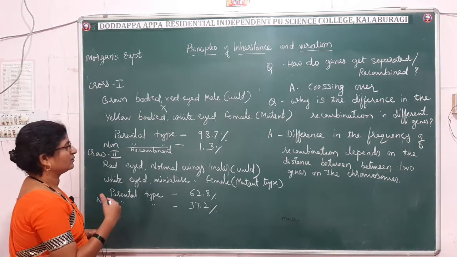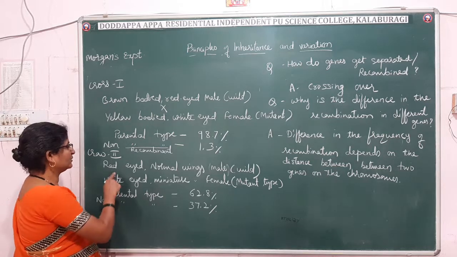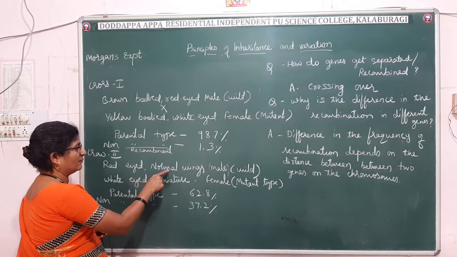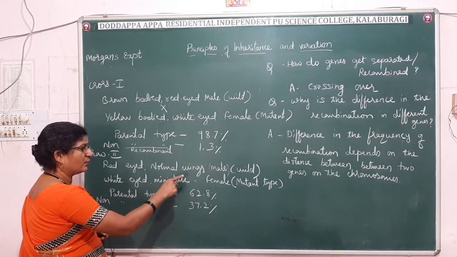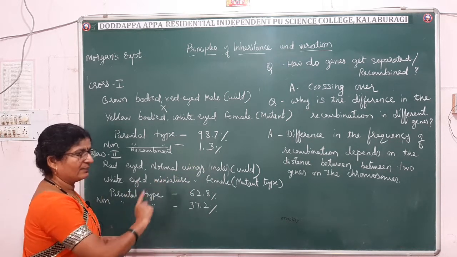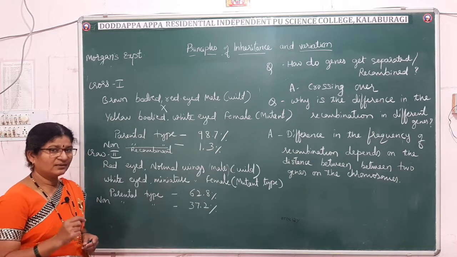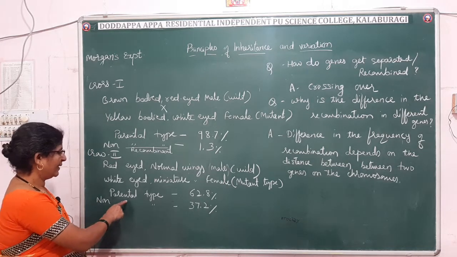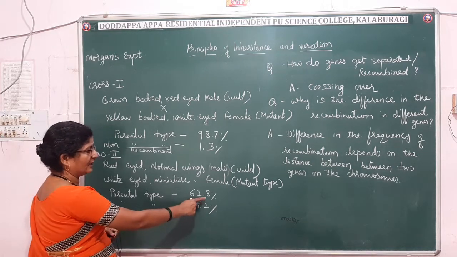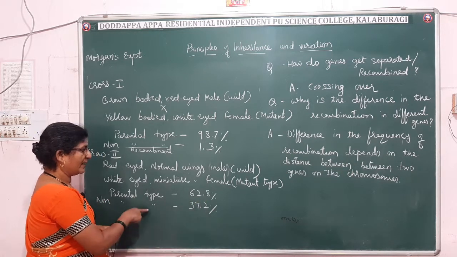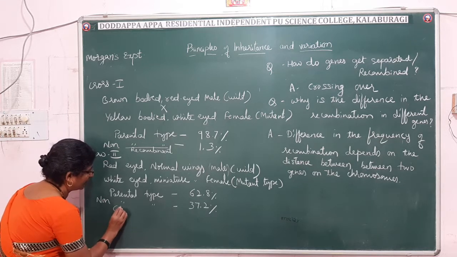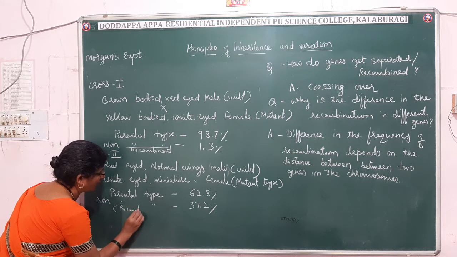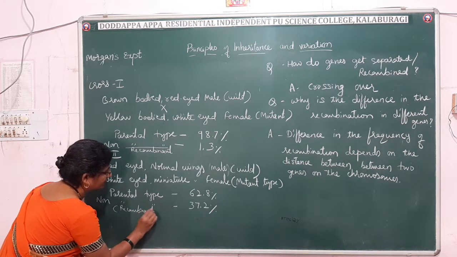And in the second cross, what other two characters did he take? Red eyes with normal wings, males, and white eyes with miniature-winged females, wild and mutant. What result did he get? He got parental type 62.8% and non-parental type 37.2%. Non-parental, you can even write recombinant type.